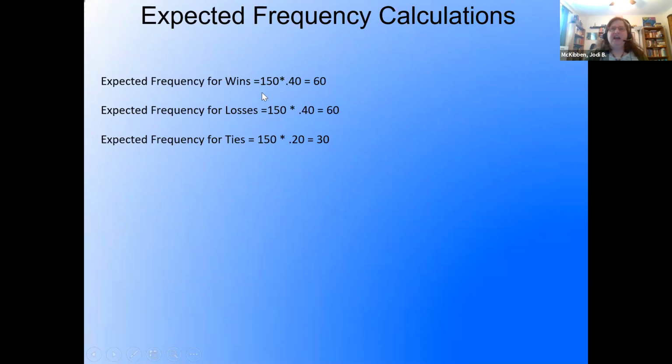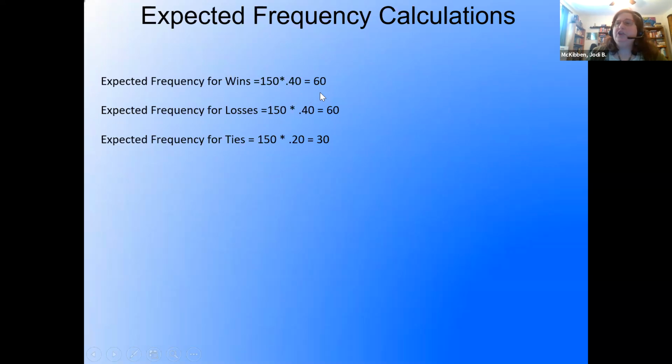And how do we do that? Well, we take the 150 games that were played times that expected percentage that we talked about in the null hypothesis, 0.40. I should really say the expected proportion. I shouldn't really say percentage, right? Because we know percentage would really be 40%, whereas 0.40 is the proportion. Okay. So 150 times 0.40 equals 60 wins.